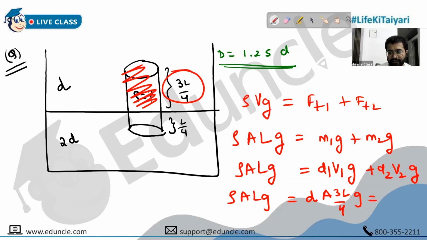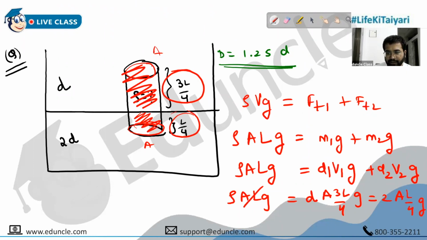Gravity. Density of the second liquid is 2D. Volume of the second liquid displaced is area into length. Cross-sectional area of all of them is the same, but the length of the second liquid this time is L by 4, people. Into gravity.